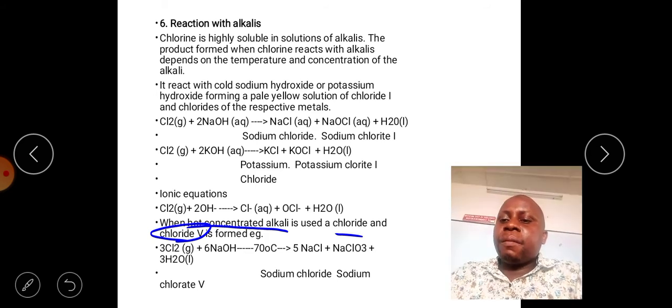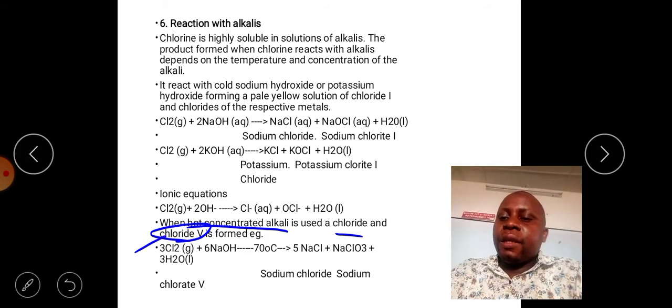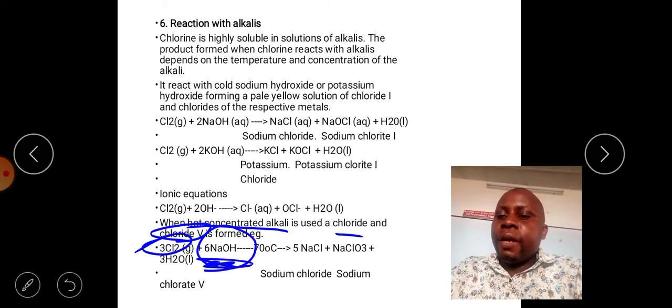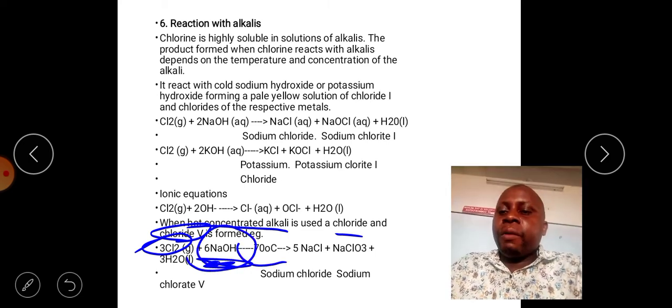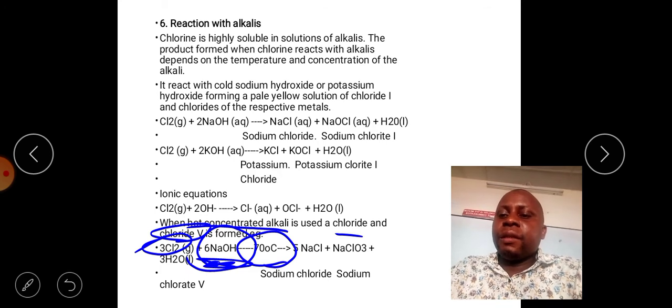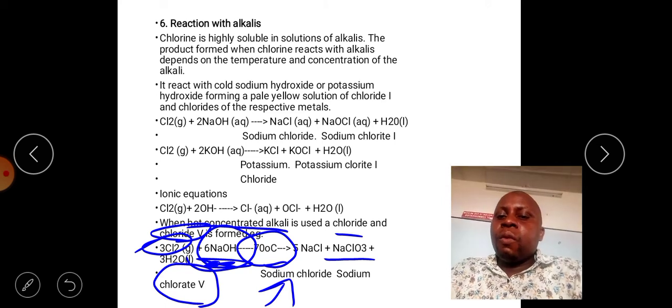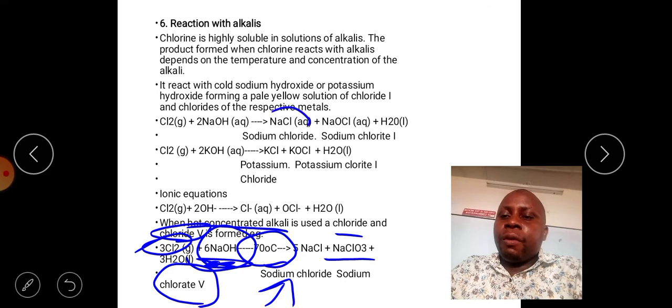So for instance, if you have chlorine gas and you bubble it through concentrated sodium hydroxide at a temperature of about 70 degrees Celsius, there will be formation of sodium chloride and sodium chlorate 5. You can note the difference. When the temperature is low, there is formation of sodium chloride and sodium chlorite 1 and water.